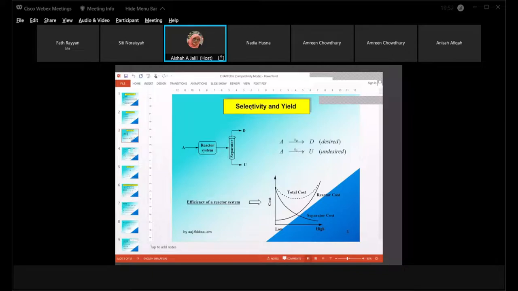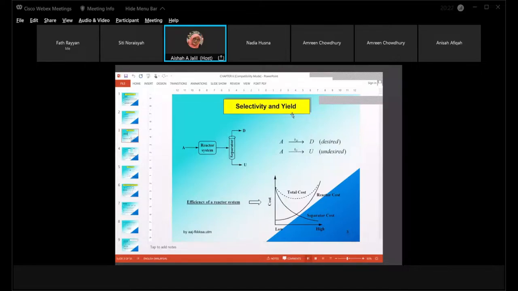When we talk about selectivity, it is just about D and U. The total of D and U must be 100%, so maybe 60% and 40%, or maybe 80% desired and 20% undesired.